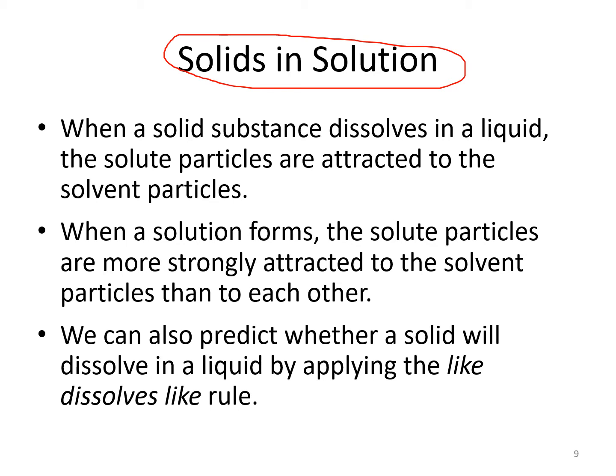And so we'll see bullet point 1 in a video in a few slides. So what happens when a solid dissolves is the solvent particles kind of rip apart the solute particles and surround them in what we call solvation cages. And they stay dissolved because the solute particles are more strongly attracted to the solvent particles than they are to each other.